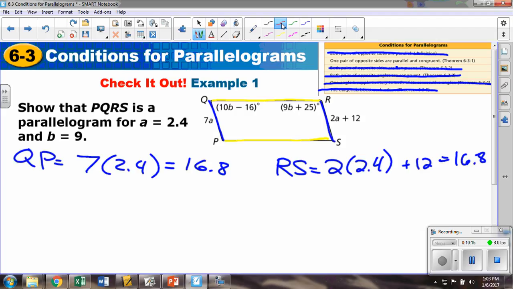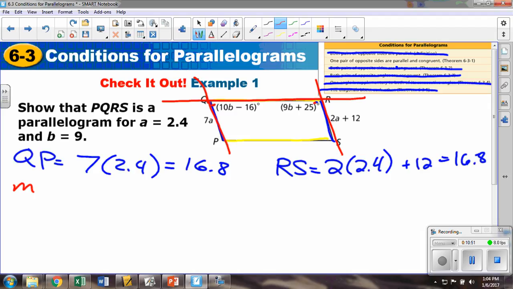And the really popular one with parallelograms, same side interior angles supplementary forces parallel. So if we could show that same side interior angles are supplementary, we'd get our parallel lines. Well, of course, that's why we were given the interior angles. If we show that angle Q and angle R are supplementary, then we've finished our checklist. We know that this one works.